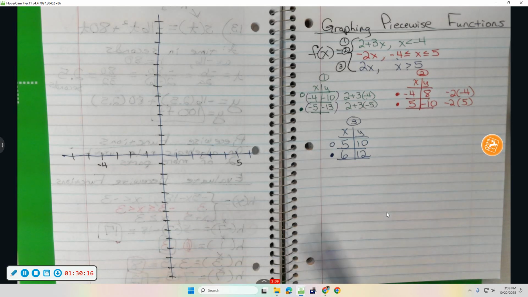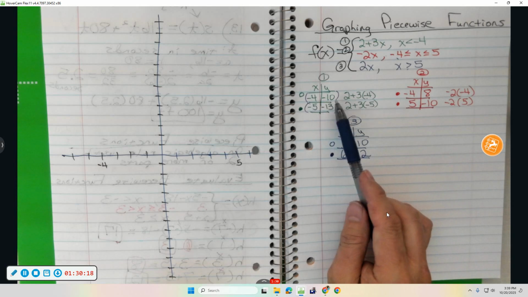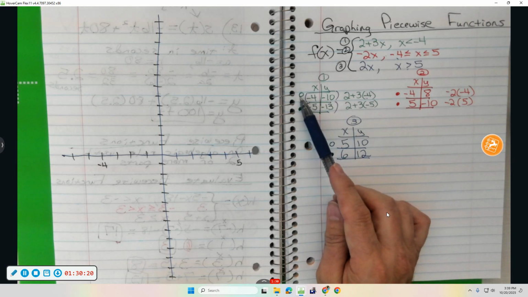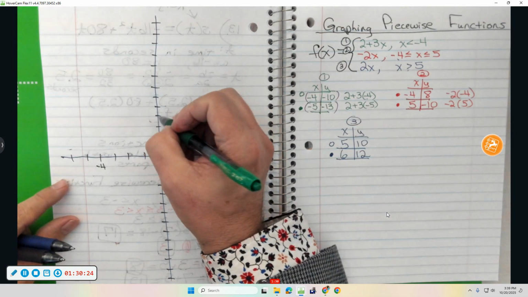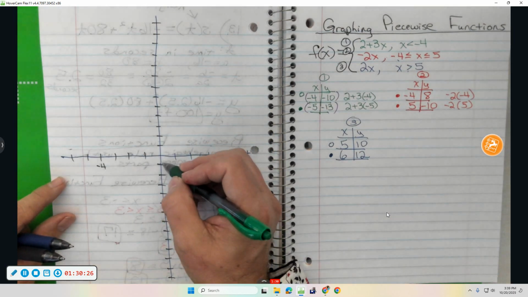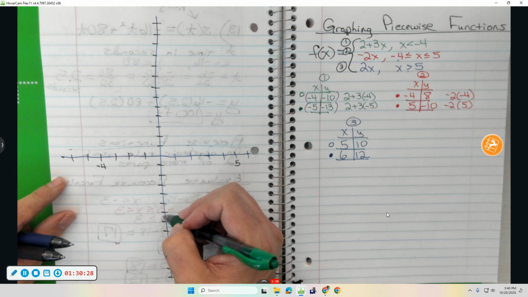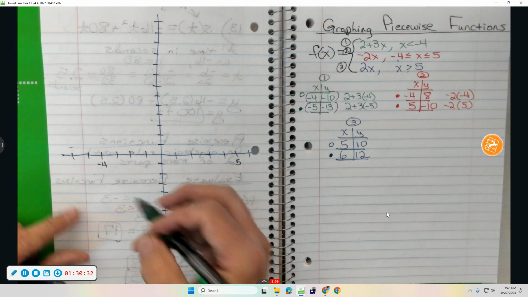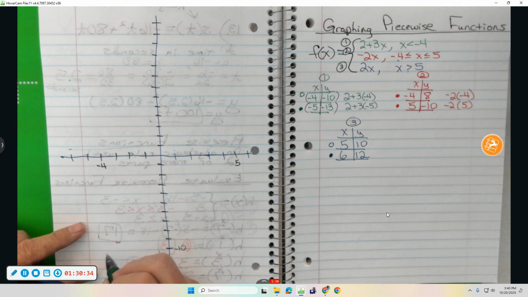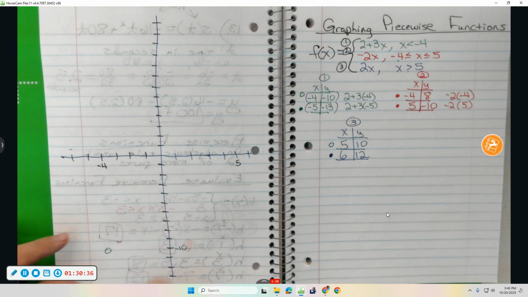First piece, the green piece, we go to -4, -10. We're going to have an open circle there. So, 1, 2, 3, 4, negative 6, 10. Oh, -2. 1, 2, 3, 4, 5, 6. So we go to -4, -10, and we have an open circle.